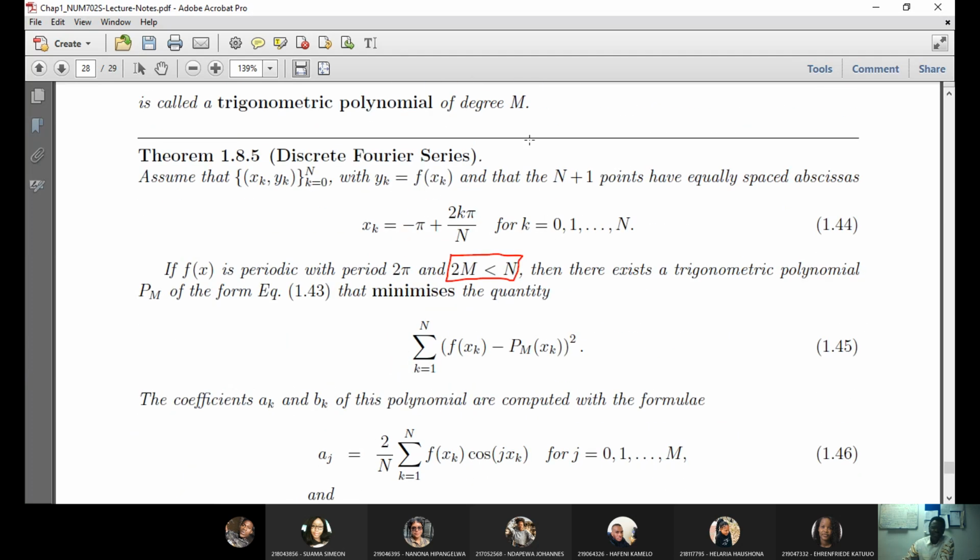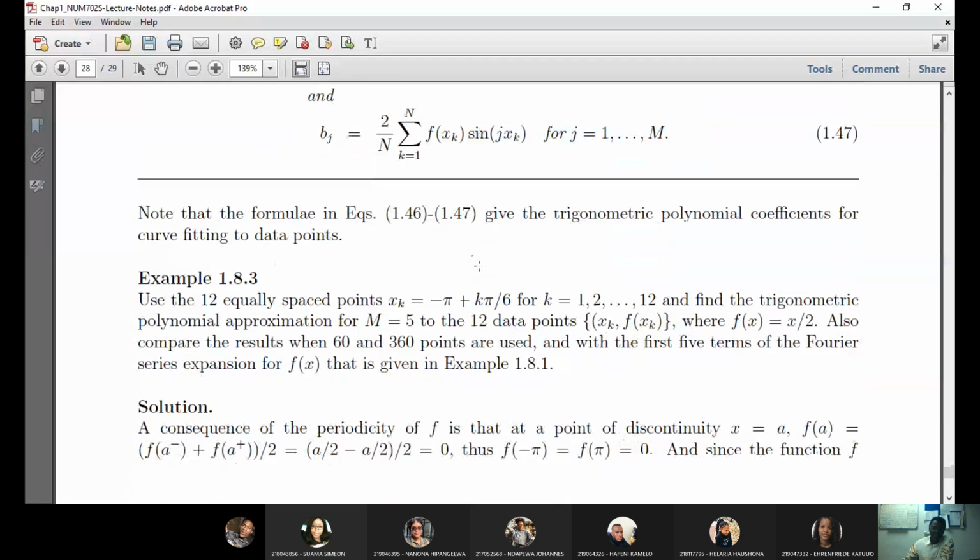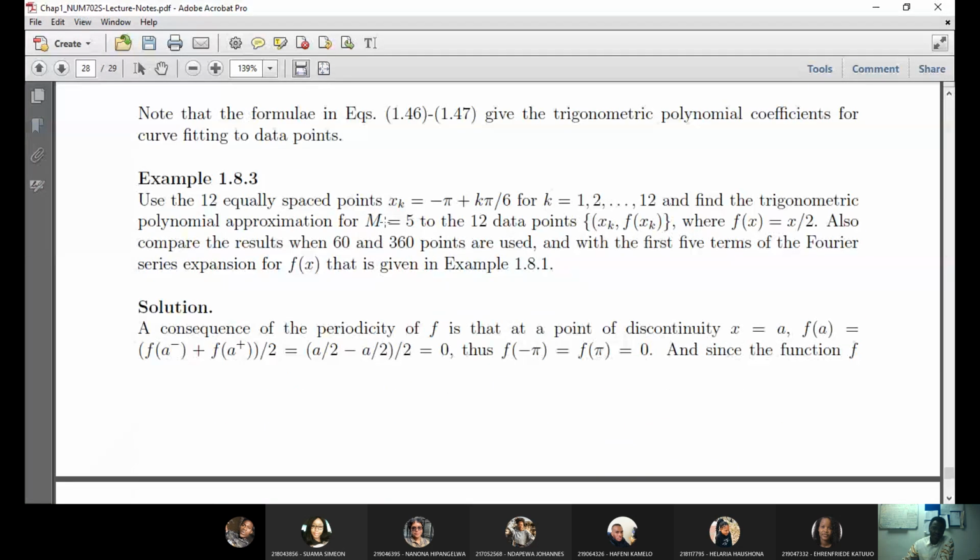Okay, the other thing we did not check is whether twice the degree m is less than the number of points, because remember, that's something we need to check, right? We need to check that. So our m is 5. 5 times 2 is 10. Here we are using a total of 12 points, but remember that it's the number of points minus 1, which is 11.